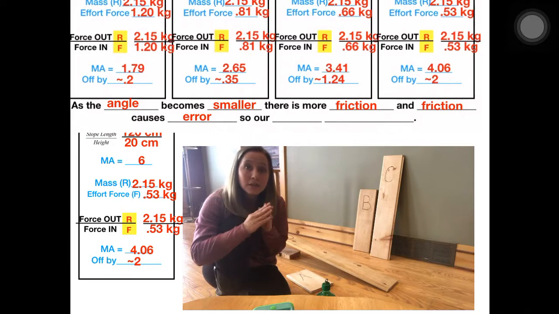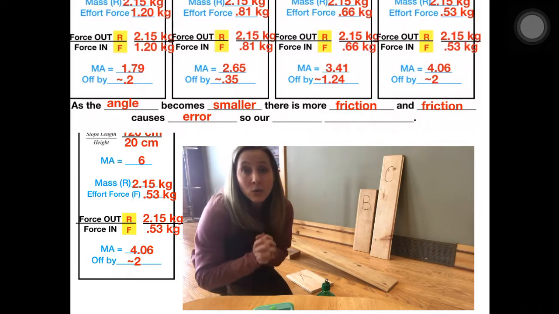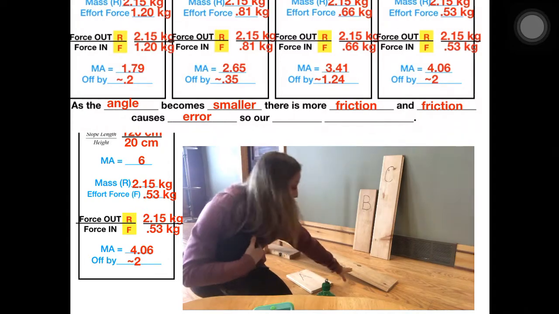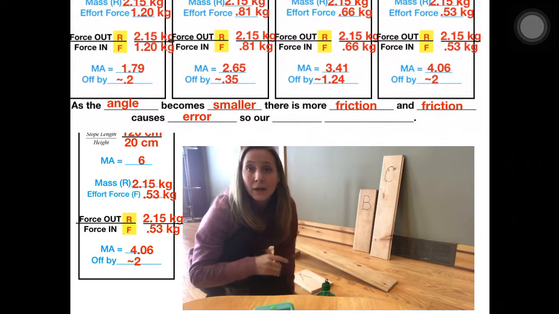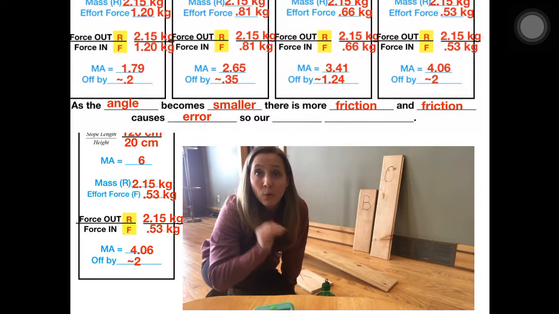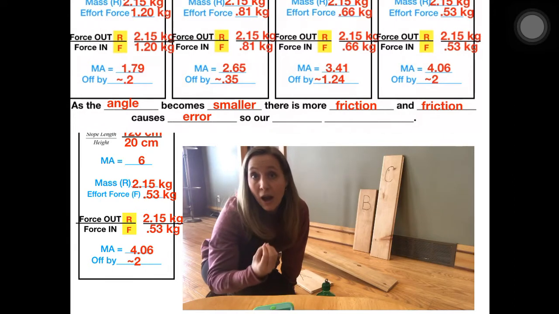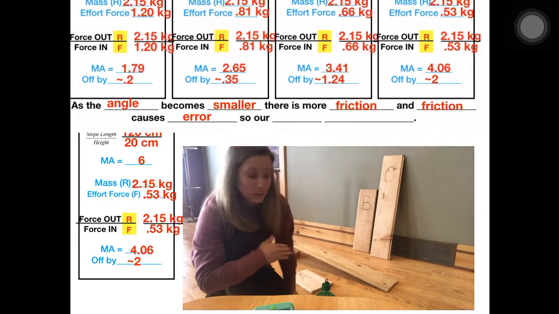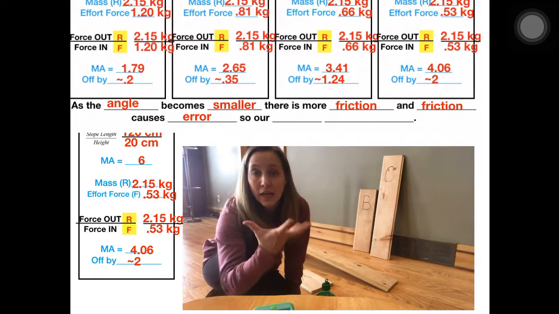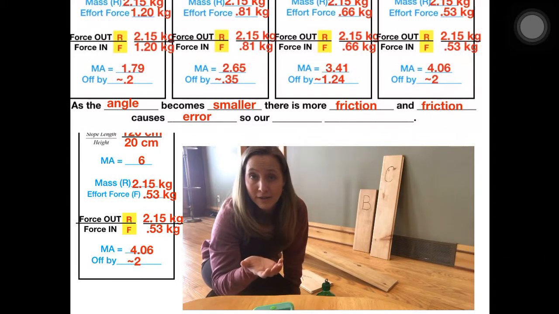And when we looked at the mechanical advantage with just our measurements, when we would divide like 120 by 20, that is an ideal situation where there's no friction. But we know that in our world, because of gravity, there is friction. And the flatter our board gets, the closer to being completely flat it gets, the more friction there is.